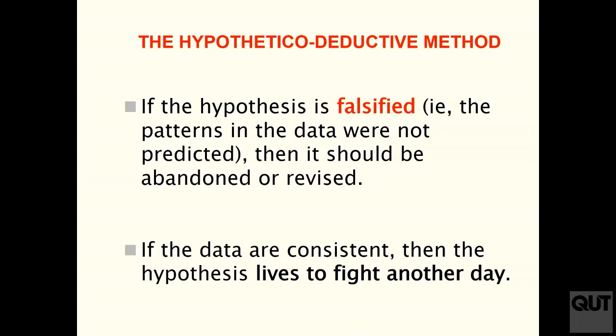But if the data are consistent with what you predict, it does not mean that you are proved right. It doesn't mean that at all. It means you are not proved wrong. You are not proved wrong on this occasion. It doesn't mean that you will always be correct.